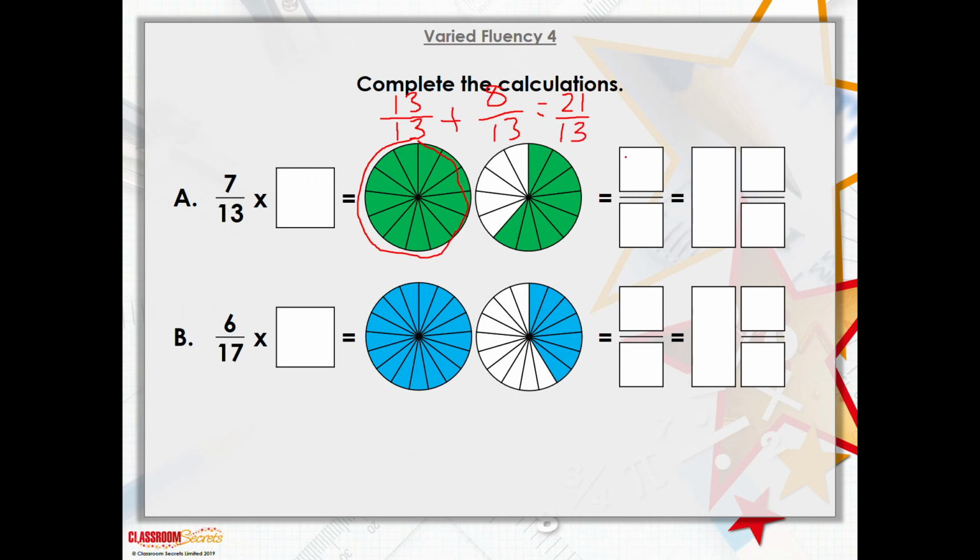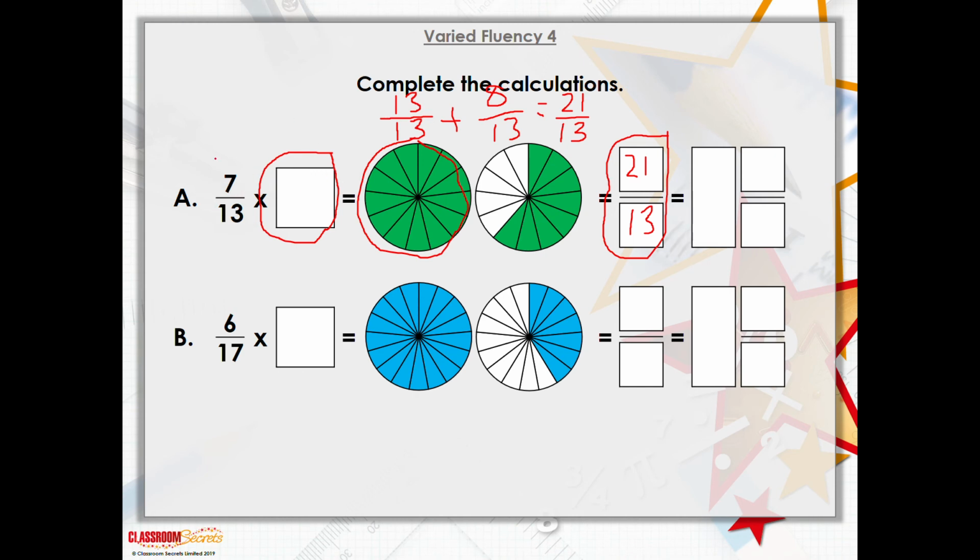So I can actually put this into this box just here, because that is that answer. Let's put in 21/13. Before I go on to my mixed number, my whole number and my proper fraction, I want to go back to this box and find out how much I've multiplied my 7 by to get to 21. So it's applying my times tables knowledge.